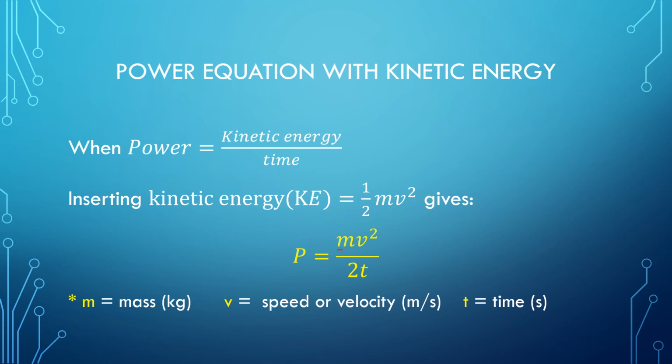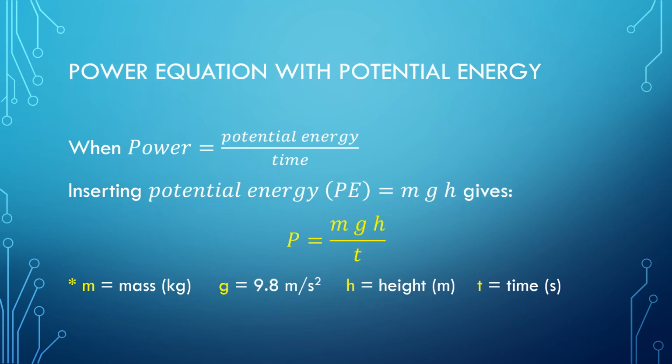To solve for power with kinetic energy, you're going to take the mass in kilograms times the velocity squared, don't forget to square it, and divide it by 2 times T. Potential energy equation relating to power. Potential energy, we said, was mass times gravity times height. So we're going to take mass times gravity times height and divide it by the time to calculate the power.